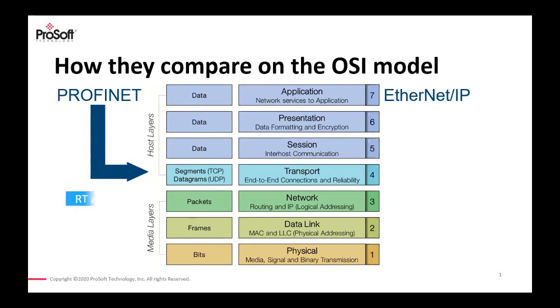So why is this important? I mentioned that PROFINET is very good for high precision applications because it has high data exchange speeds. And this is possible because of where it sits on the level, allowing it to have faster data exchanges.